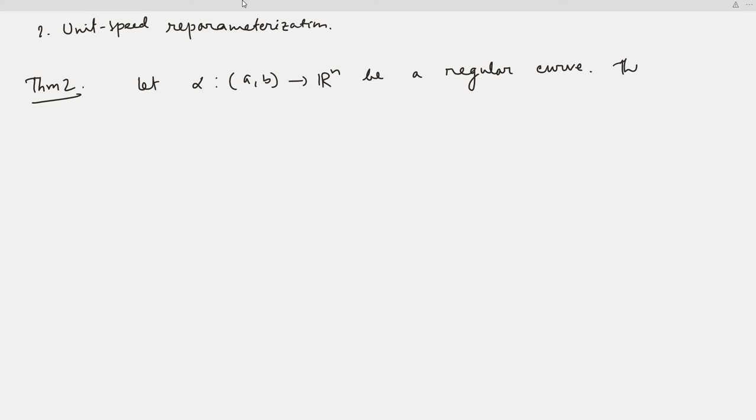Then there exists a unit speed reparameterization beta of alpha.